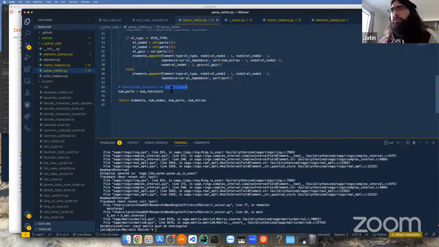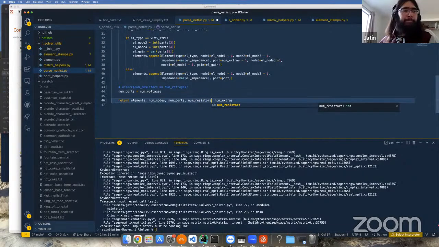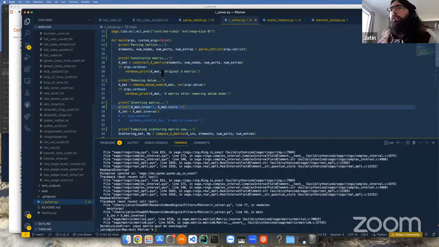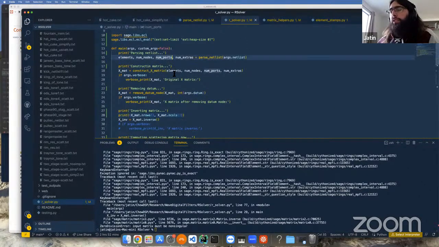So let's do this. Let's do num voltages like we had it before, and then let's also return num resistors. And then when we use this function on the other side, we'll get the num resistors out.